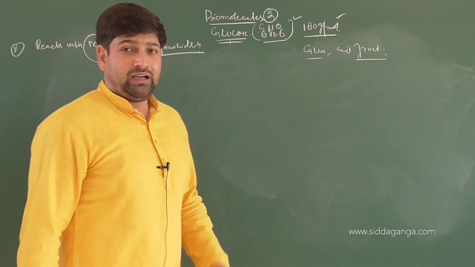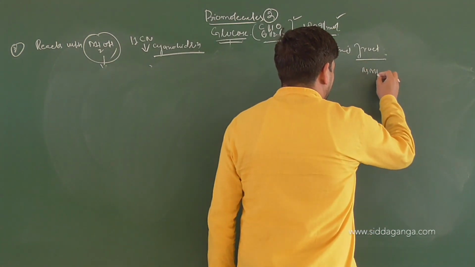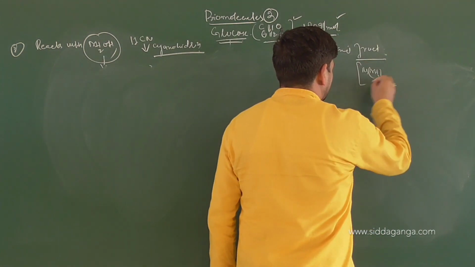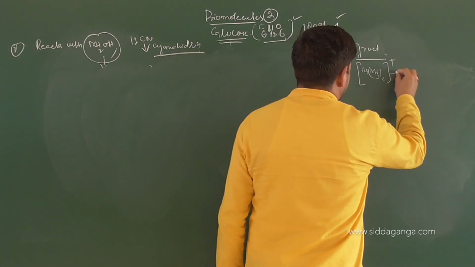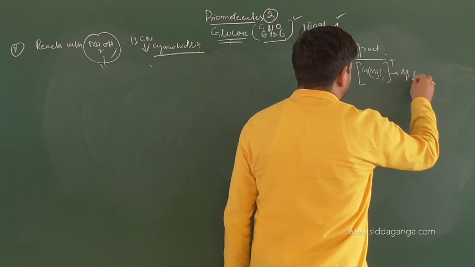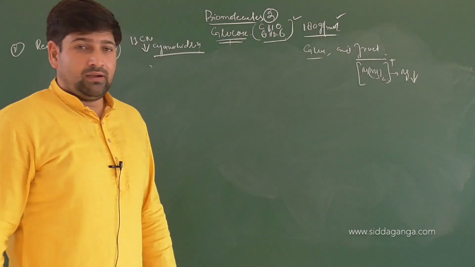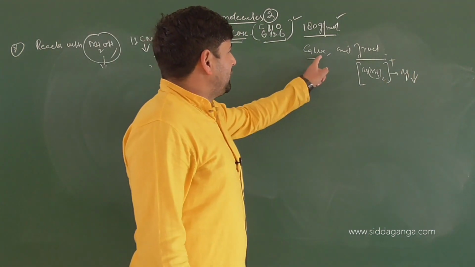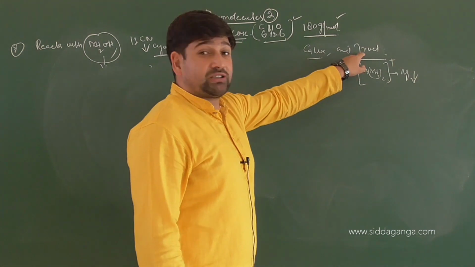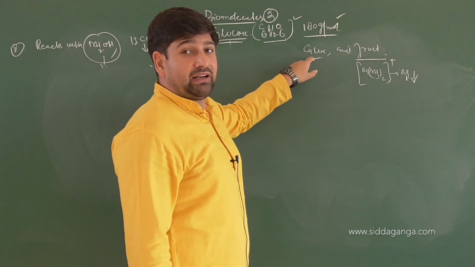And then you have the ammoniacal silver mirror test, Ag(NH3)2 plus, and when there is presence of aldehyde, the silver Ag plus is reduced to metallic silver. Now it's a basic reaction, it's happening in the basic medium itself. Glucose and fructose. Fructose contains the functional group ketone. Glucose contains the functional group aldehyde.